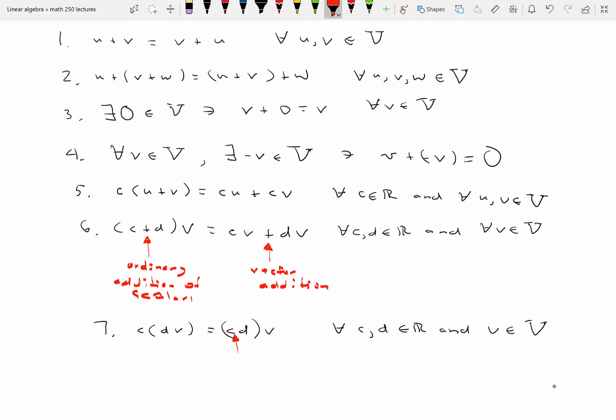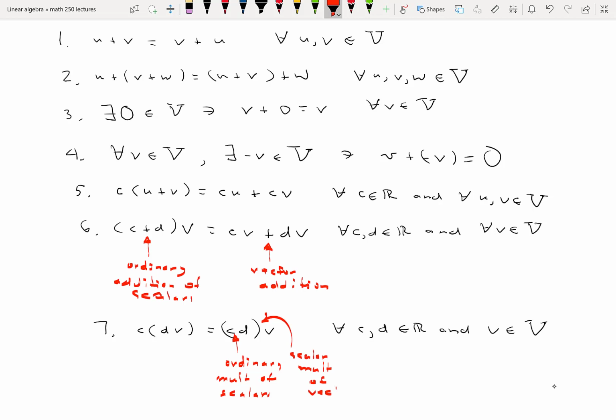c and d are real numbers. This is ordinary multiplication of scalars. However, that operation right there between cd and v, this is scalar multiplication of vectors.